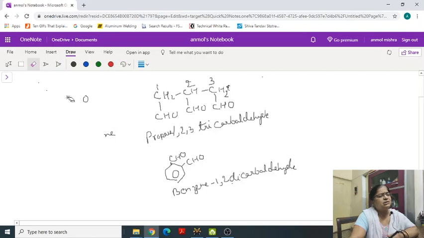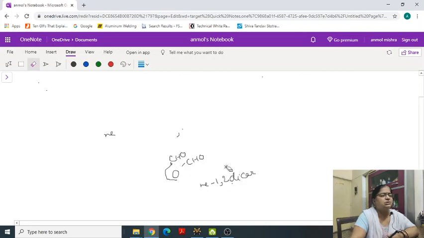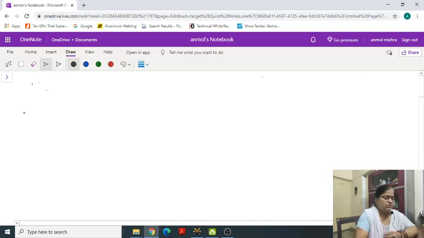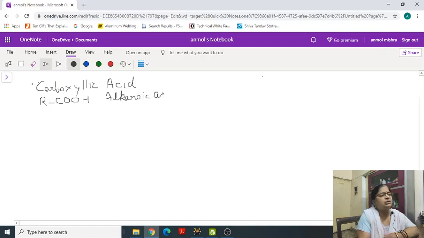The general IUPAC name of carboxylic acid is alkanoic acid. The suffix -oic acid is used.